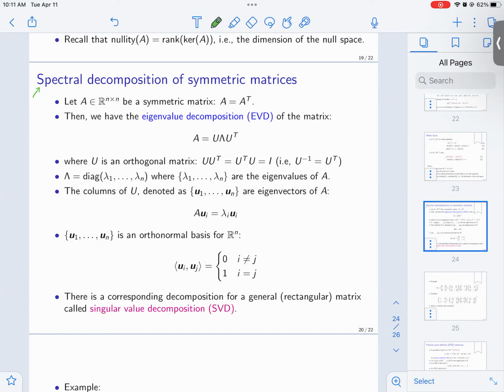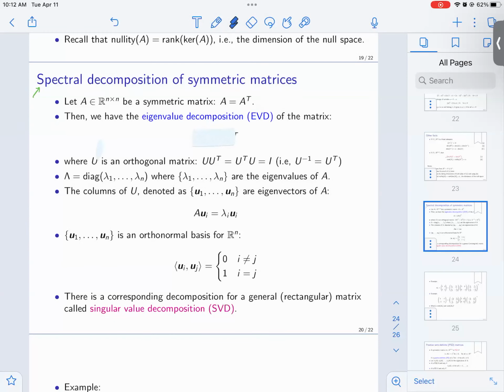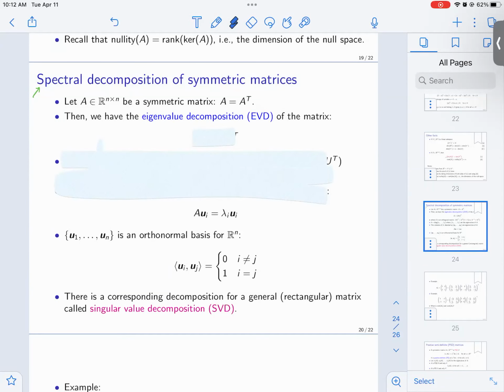So how many people know what this is? What is the eigenvalue decomposition of a symmetric matrix?